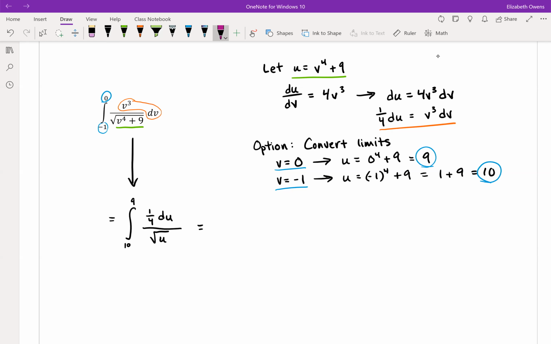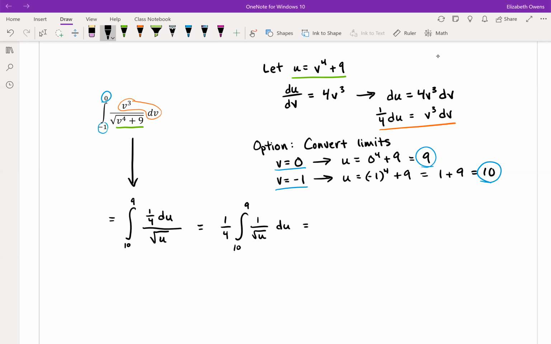I am going to pull that constant 1/4 to the outside of the integral, because we can do that. 10 to 9, and then this would be 1 over square root of u du. Just trying to get this in a friendlier format for us.